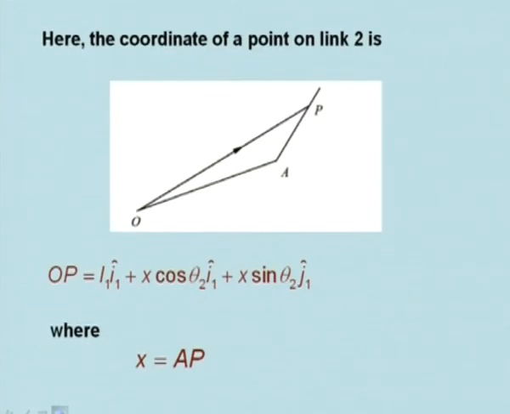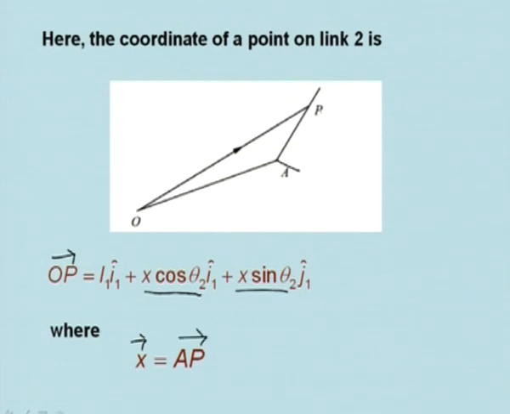That also has to be considered, and that portion is a little complicated to find out, but we will just discuss that also. Now about the point O, the coordinate of a point on link 2 is, suppose, P. So the position vector OP is L1 I1 plus x cos theta 2 I1 plus x sin theta 2 J1, where x is equal to AP.